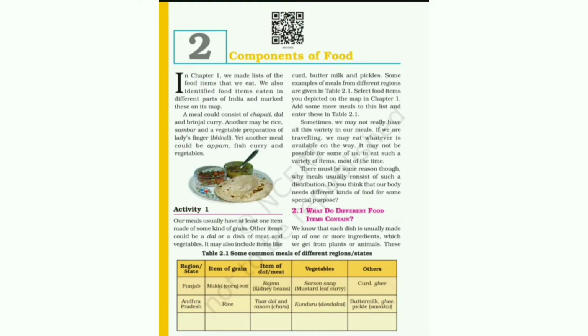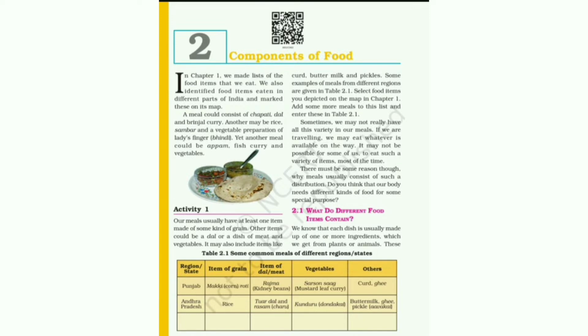Now we will discuss the second chapter of the 6th class NCERT book, Components of Food. First we will know that every food contains different nutrients. We eat different items, and also we eat a meal at dinner and lunch.